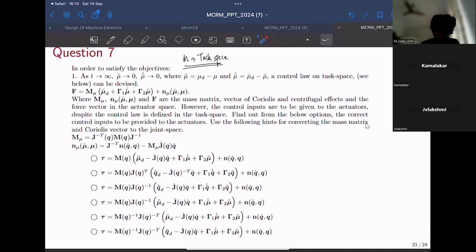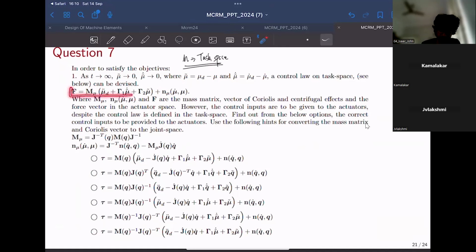So the following control law can be devised. This actuation force F in task space is m of mu, the mass matrix in task space, multiplied by mu desired double dot plus lambda 1 mu tilde dot plus lambda 2 mu tilde, plus n of mu, mu dot. This is the vector of Coriolis and centrifugal effects.